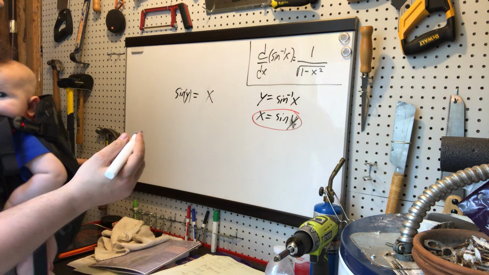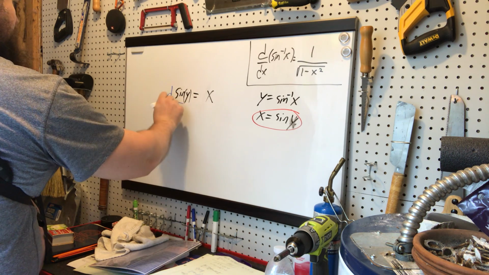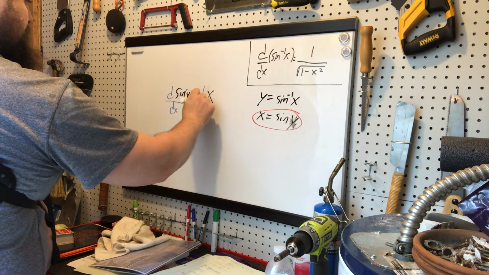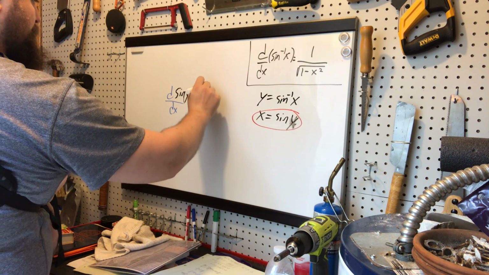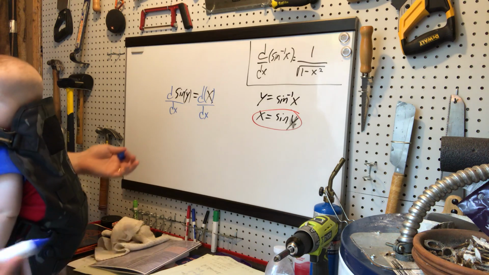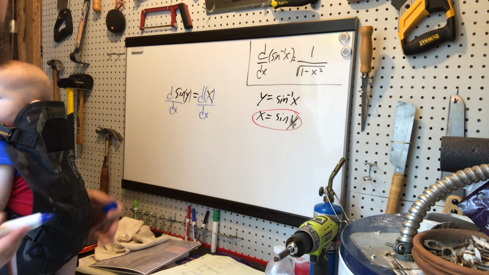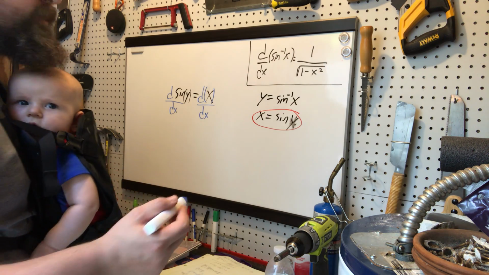Now, I'm going to take the derivative of both sides. So we have d over dx, and then d over dx. Well, here you're doing implicit differentiation. And of course, when you hear the words implicit differentiation, your first thought should be chain rule.